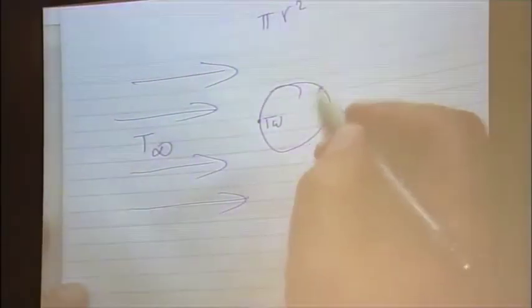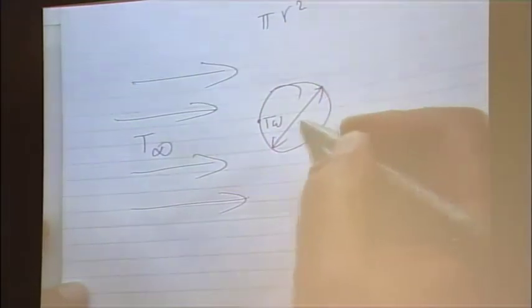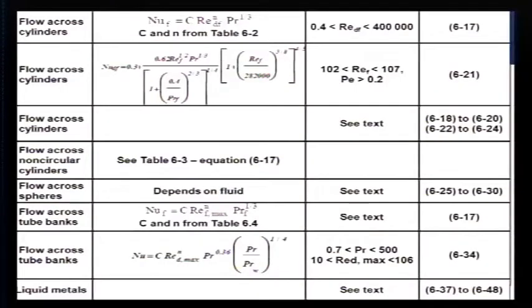So this is our diameter. And using the film temperature to find the properties and the diameter of the cylinder, the Nusselt number equals a constant times the Reynolds number raised to the power n times the Prandtl number raised to the power 1/3.